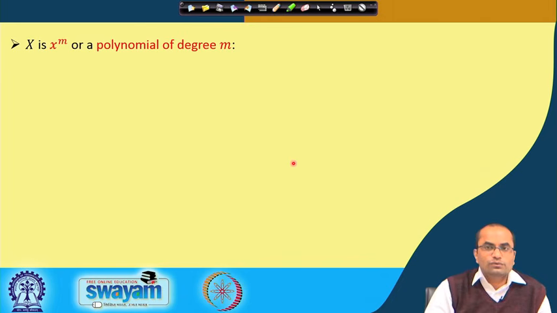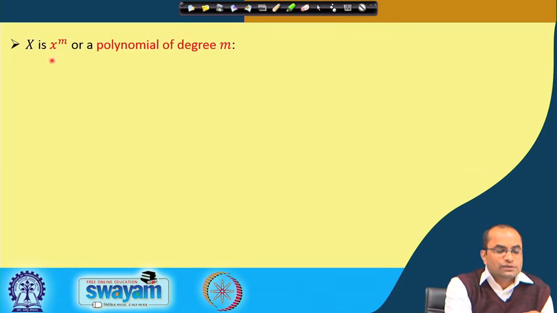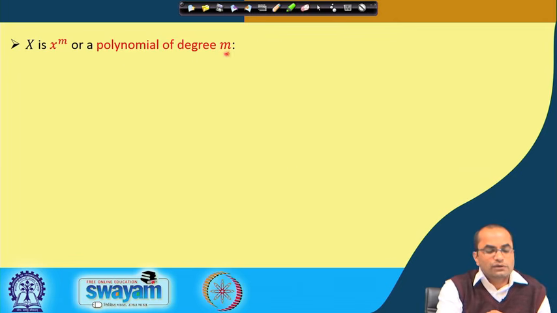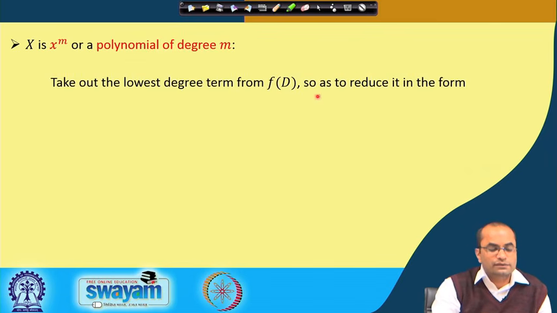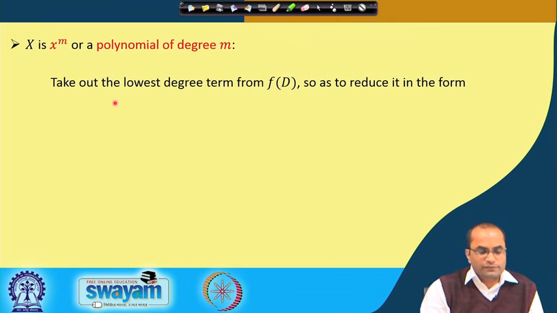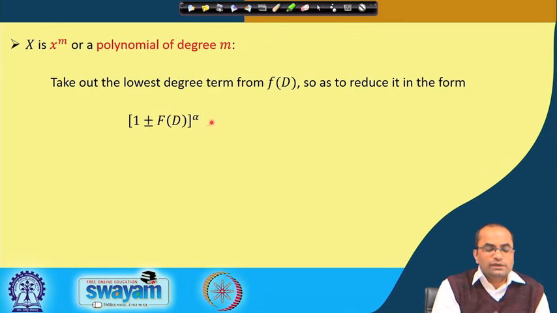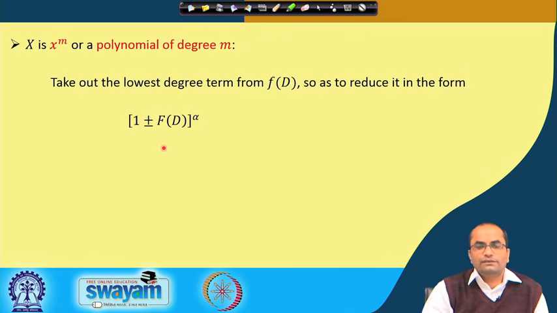There are two more rules frequently used here. We will not go into the derivation, we will just write down the rules. If x power m is a polynomial of degree m, then how to handle this? The idea will be explained properly with the help of an example. Take out the lowest degree term from the operator function f(D), so as to reduce it to 1 plus some other function of f(D) power alpha.